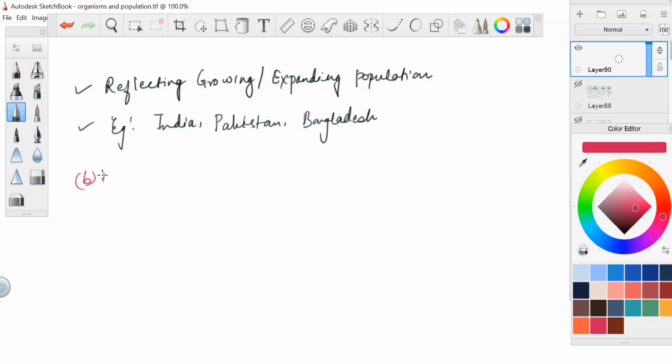B is bell shaped, that is the stable, bell-shaped age pyramid.